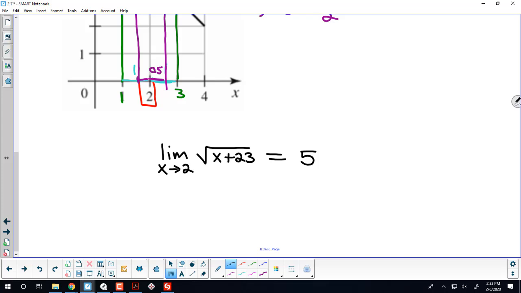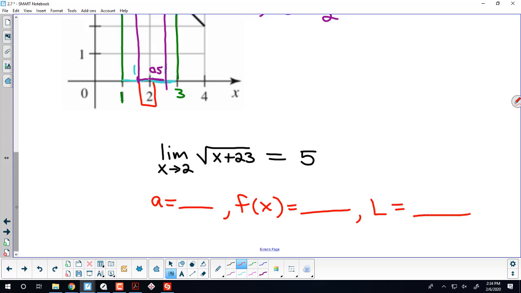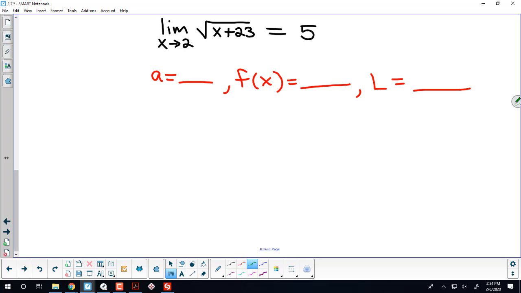I would give you that limit and the graph of the square root of x plus 23. I would ask you to identify f of x and L based off of that, and then, just like here, I would say epsilon is equal to 2. Find the largest possible delta satisfying that limit. So again, if your graph is provided, it hopefully makes a little bit more sense.